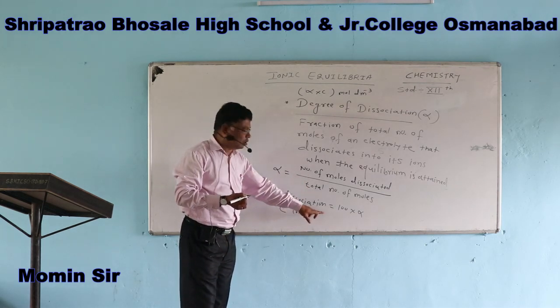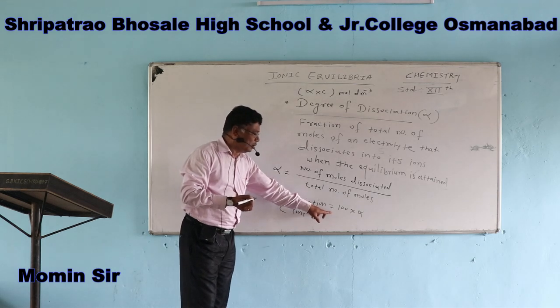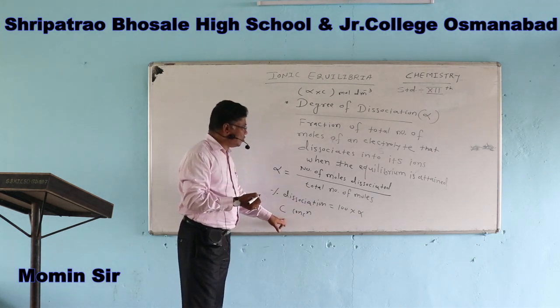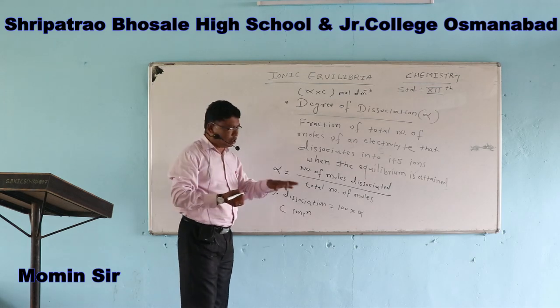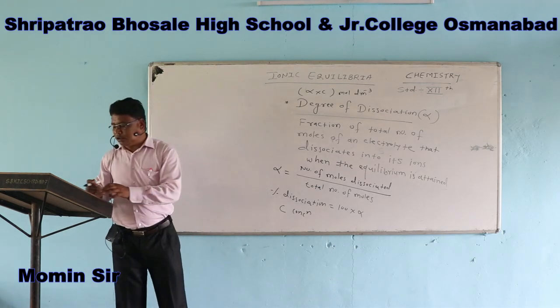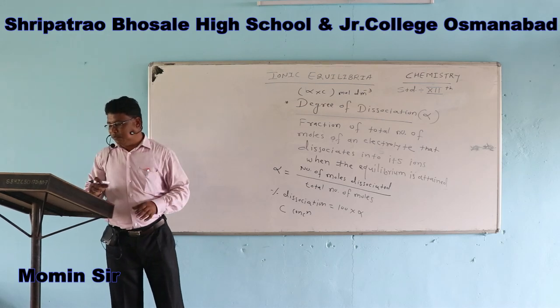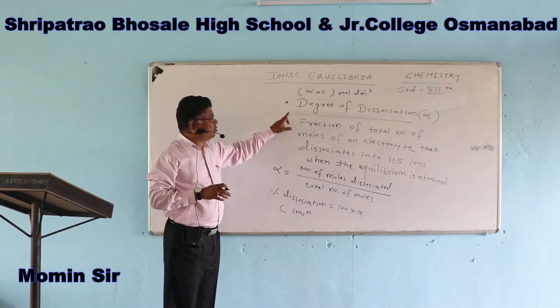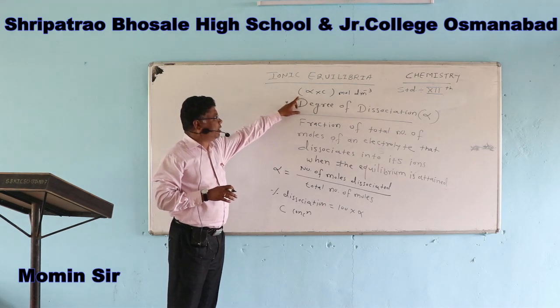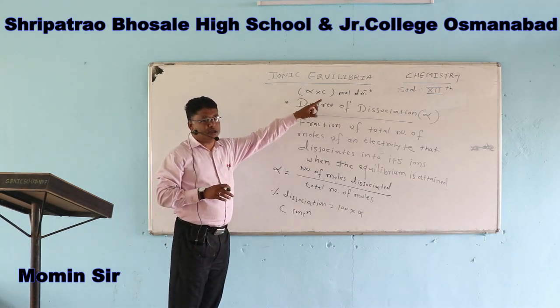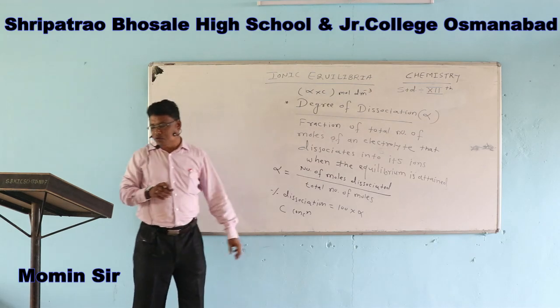Percentage dissociation is equal to alpha into 100. If C is the molar concentration of an electrolyte, the equilibrium concentration of cation or anion is given by alpha into C in mole per dm cube.